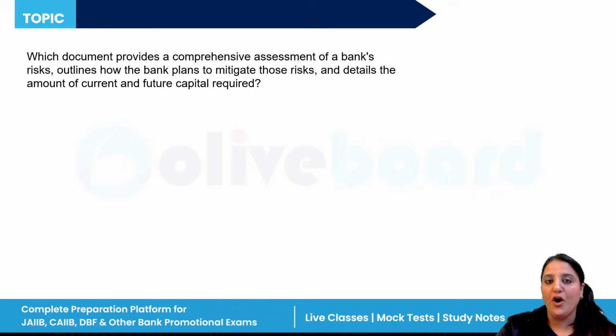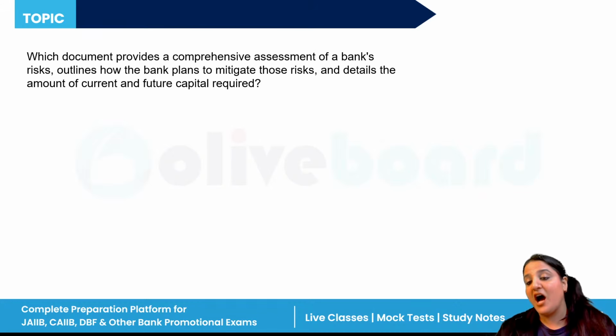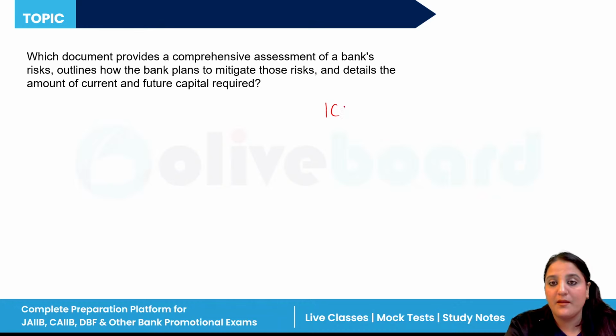The one and only document is the CAIIB document. It is a comprehensive paper furnishing detailed information on the ongoing assessment of the bank's entire spectrum of risk, how the bank intends to mitigate those risks, and how much current and future capital is necessary for the bank. So the answer of this question is the CAIIB document.